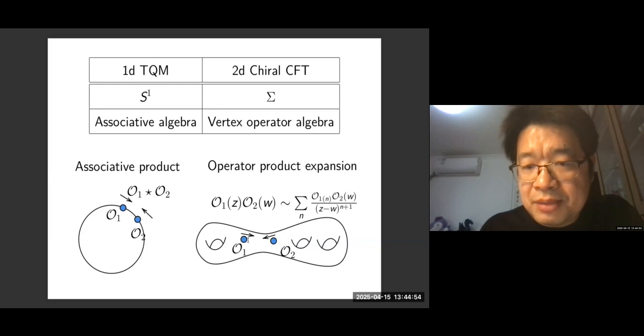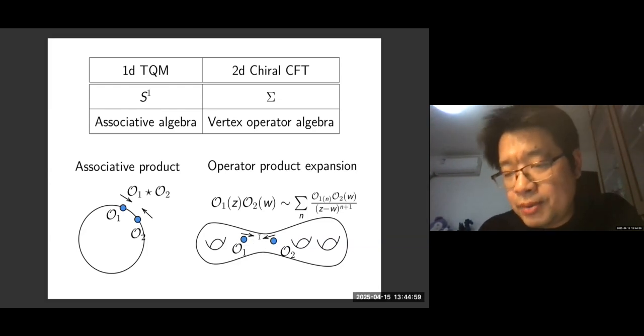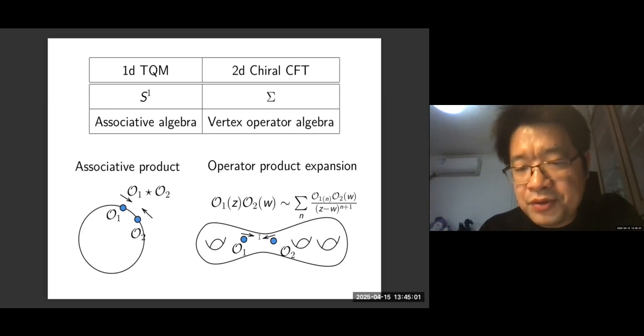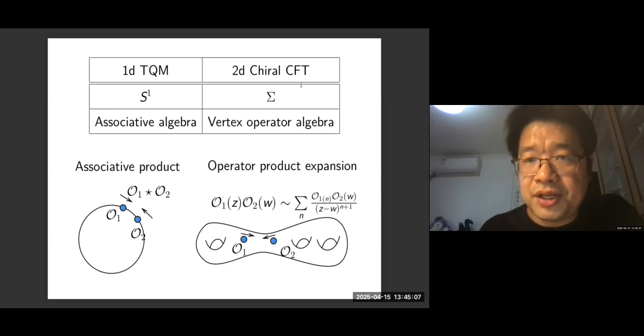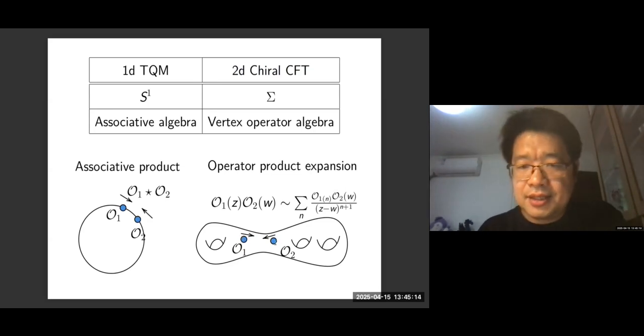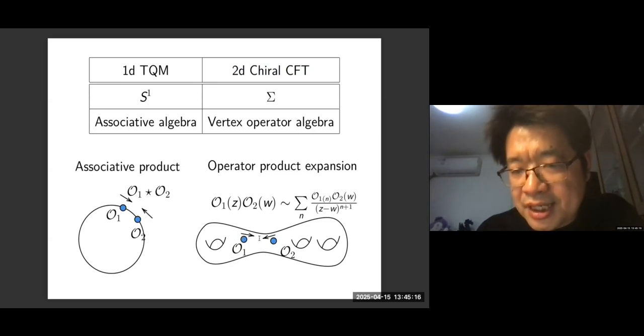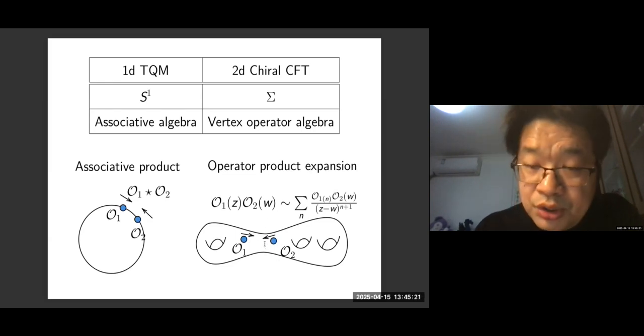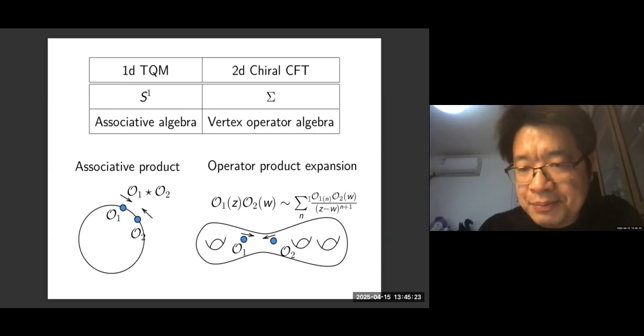And in the two-dimensional case, the situation is very different. You see, in two dimensions, we don't have left and right, right? And you can work with a 2D topological field theory or some other models, for example, chiral theory. In the case of chiral CFT, if you look at the OPE of two points, when local operators collide, if it's not topological, it's a chiral case, meaning that when they approach each other, it depends on the location holomorphically.